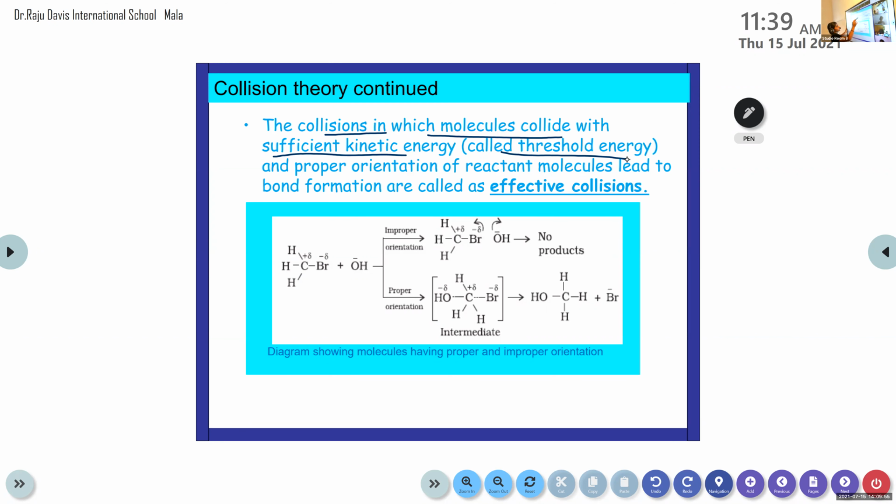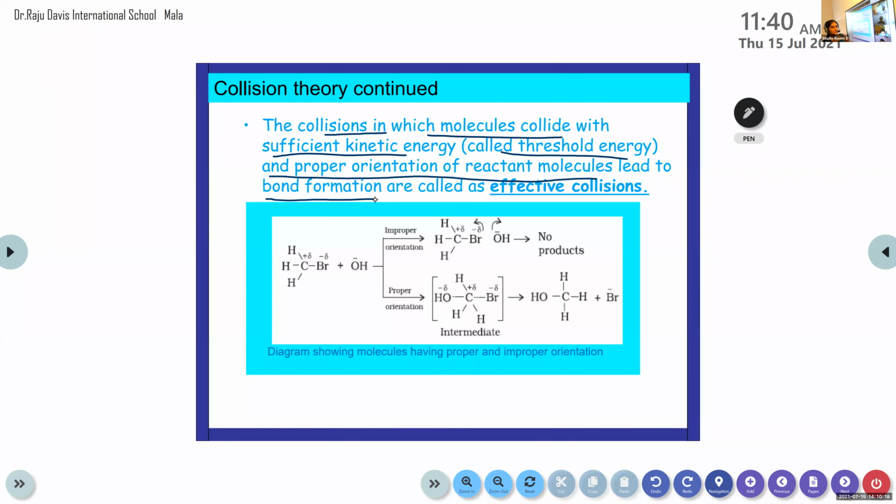So the collisions in which molecules collide with sufficient kinetic energy, called threshold energy, and proper orientation of reactant molecules, leading to bond formation, are called effective collisions. So only if effective collisions take place, the reaction will take place.